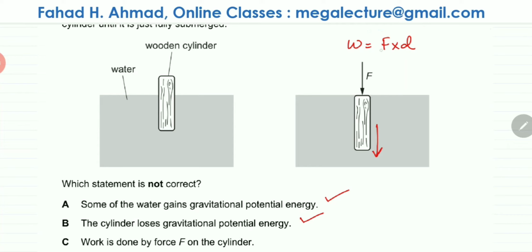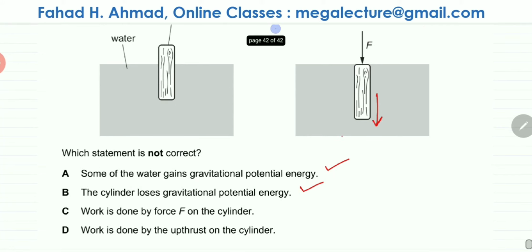Now remember, the work done by the force is only true if the force and the object are moving in the same direction. So work is being done by this particular force because this object is moving in the direction of the force being applied on it. So this third statement is also correct.